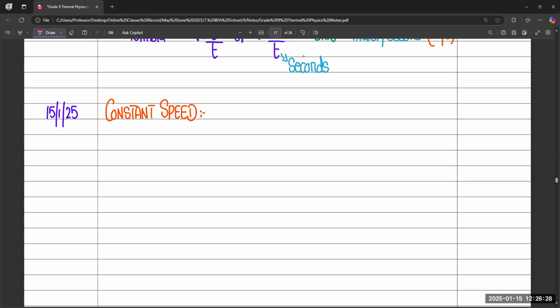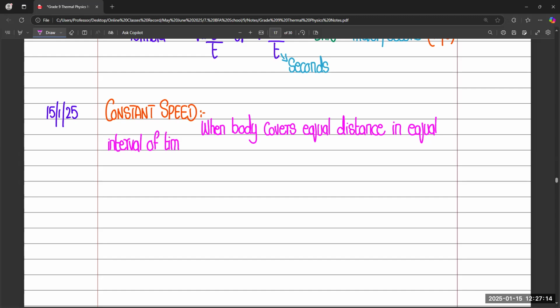So the meaning of constant speed is when a body covers equal distance in equal interval of time. So this is the concept of constant speed, right?